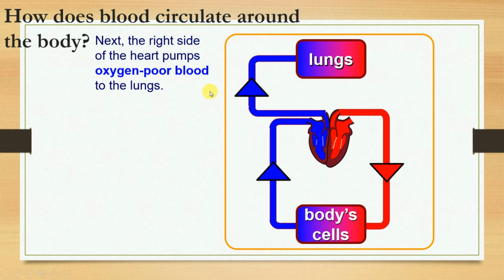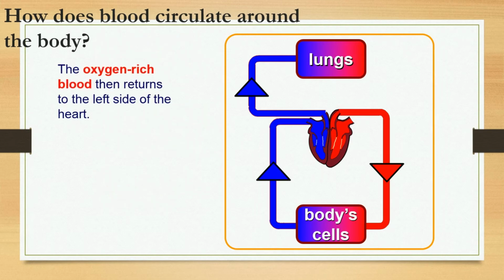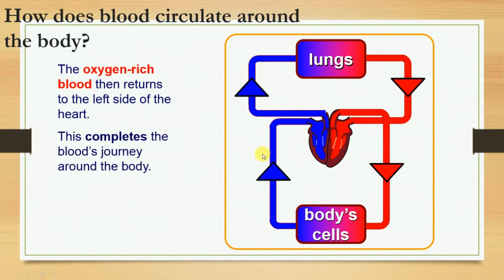It takes oxygen-poor blood to the lungs, where the breathing system inhales oxygen and exhales carbon dioxide. So from the lungs, carbon dioxide is exhaled and oxygen is inhaled, which is then brought back to the heart again, and this way the cycle goes on.